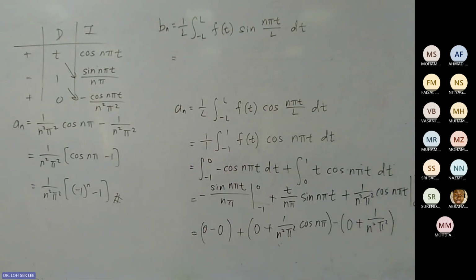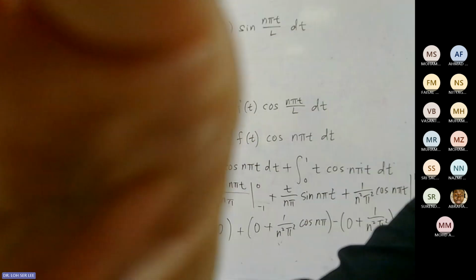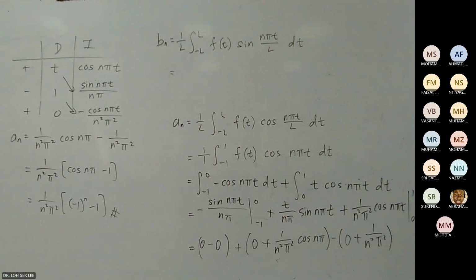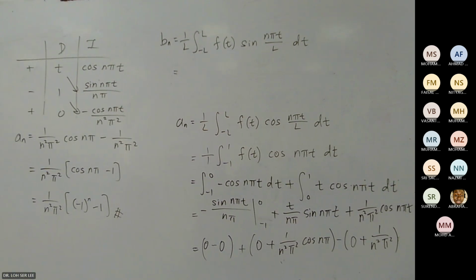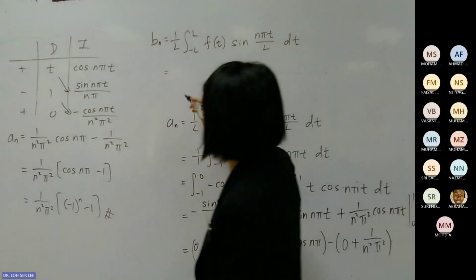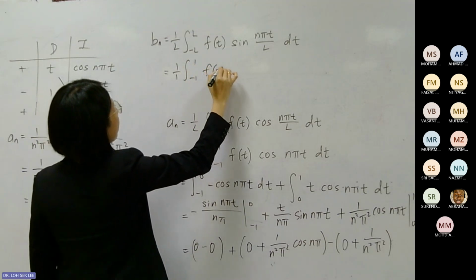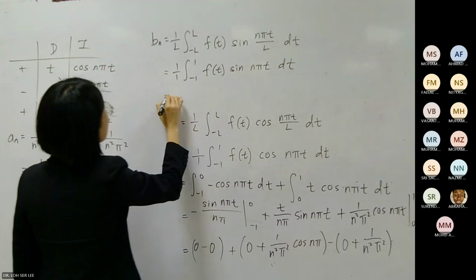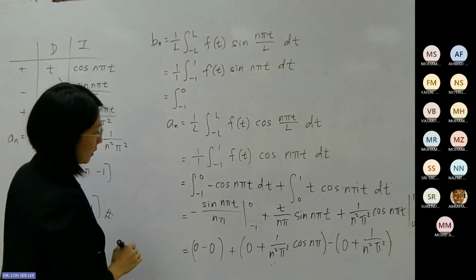Okay, next Bn. Substitute the L by 1. Separate one and t.